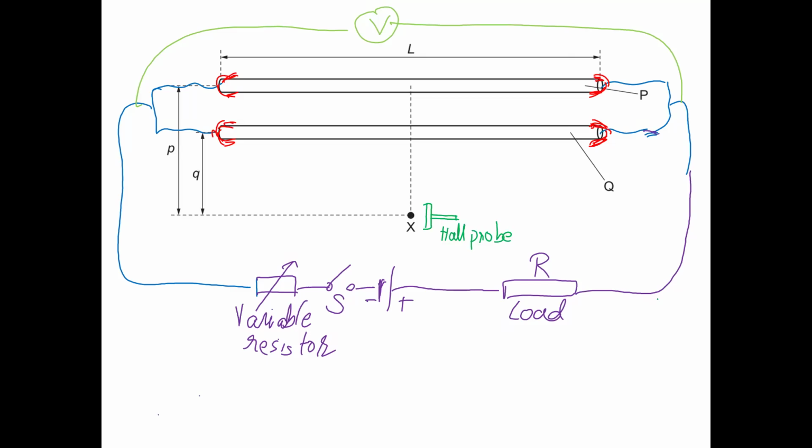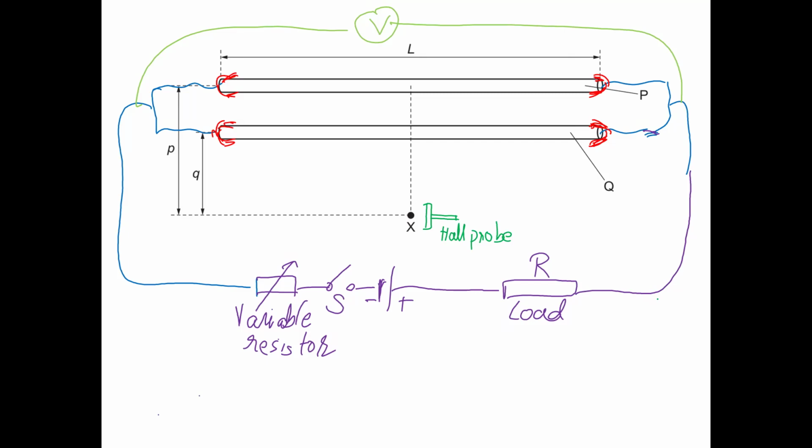Now, we have shown the Hall probe at the position X. The load resistor is here to control the current. A rheostat, a variable resistor, will also be controlling the circuit. It's a double protection, because these are two long conductors, so the resistance would be very low and the current can overshoot.